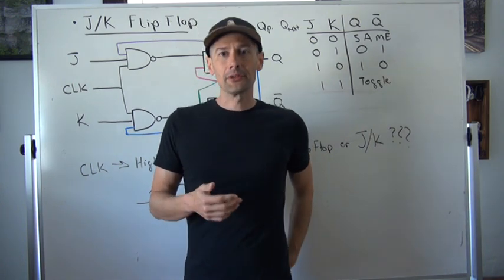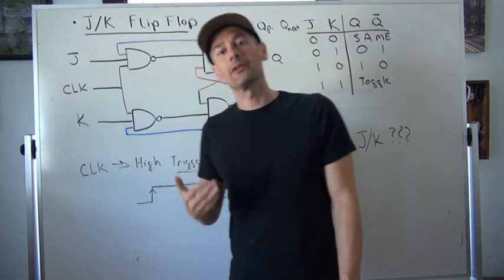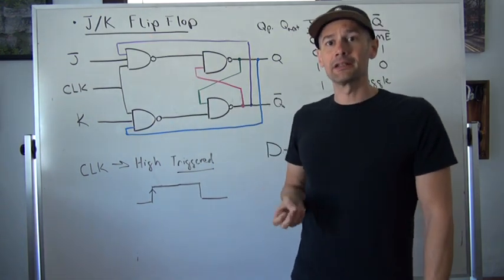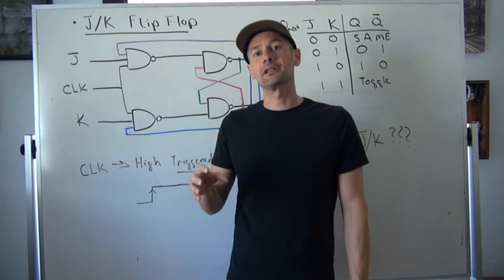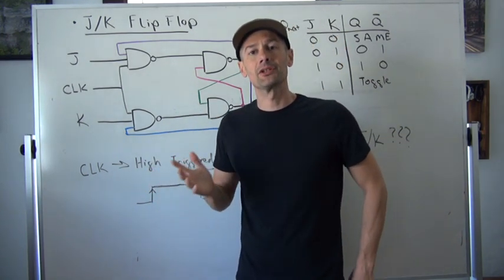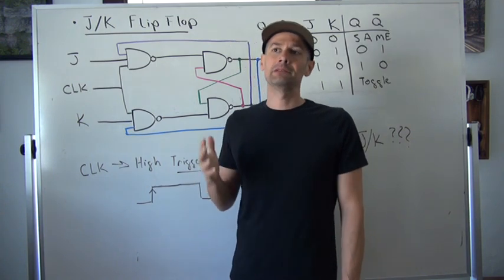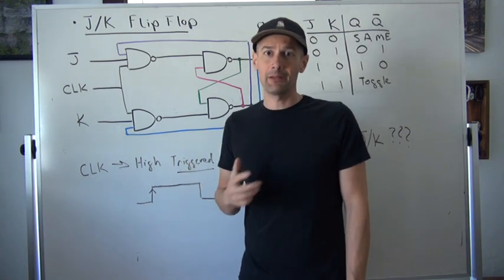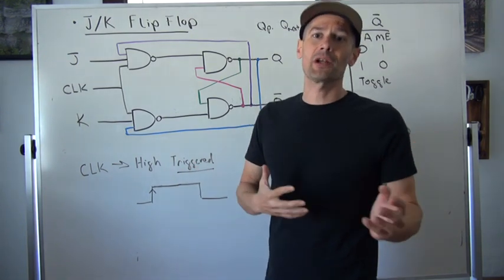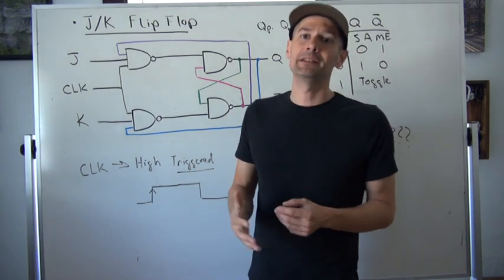One of the other elements that we can work with and that we're going to introduce in this class is the JK flip-flop. The JK flip-flop is quite unique in that it's the first element we introduce that is definitely synchronized. With a latch, latches generally just work on a high enable.